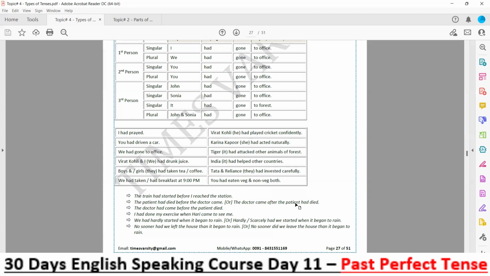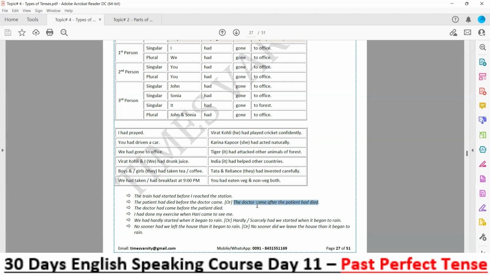If you would like to highlight the patient, you will say the patient had died before the doctor came. Here, at the end, the message you are conveying is that the patient died before the doctor came, right? But the same message in other words: the doctor came after the patient had died.